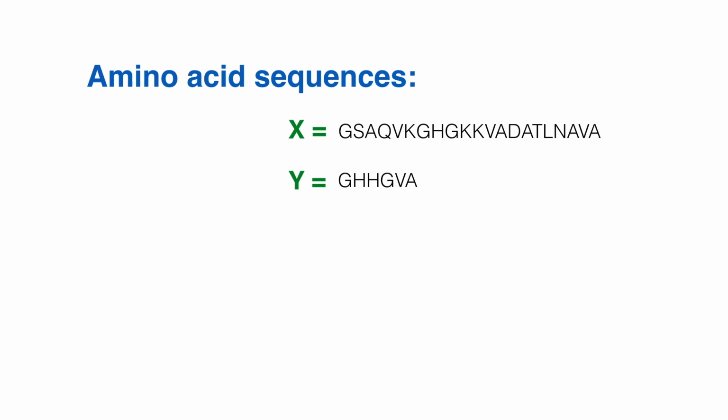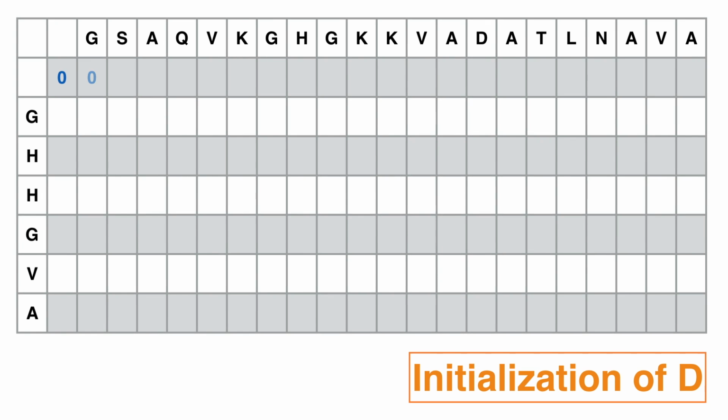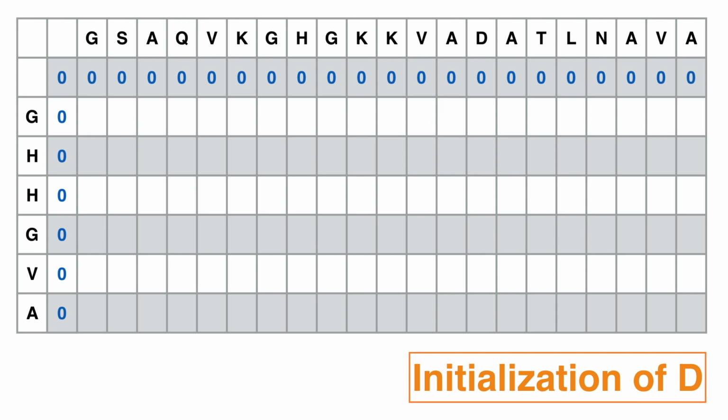As an illustration, we find the semi-global alignment of these two amino acid sequences using a scoring scheme consisting of the BLOSUM50 substitution matrix and a linear gap penalty with a gap penalty of 5. As remarked before, applying the Needleman-Wunsch recursion, the matrix D is initialized with zeros in its borders.